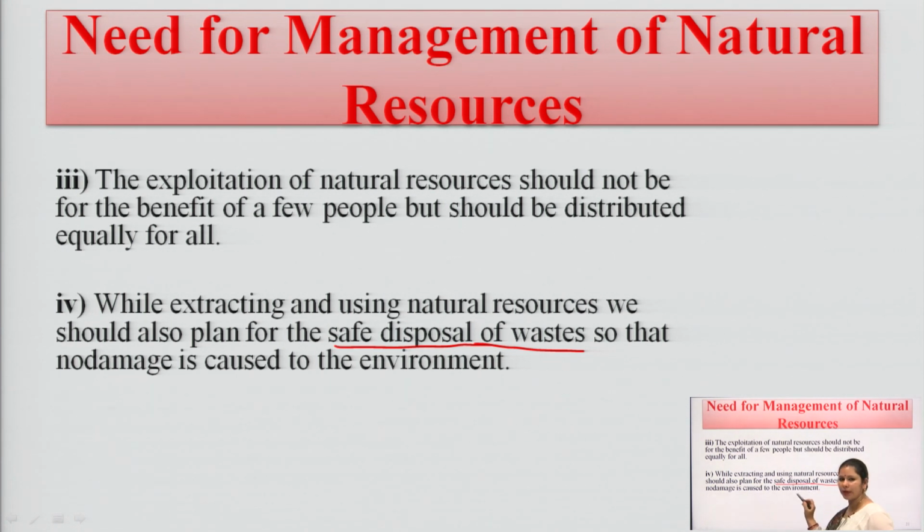This is a very important point: the waste which we throw into our environment causes several problems, like air pollution, water pollution, and a lot of things in the environment get disturbed. So, we have to plan accordingly and focus on the safe disposal of waste, so that no damage is caused to our environment, because if any damage is caused, it will affect our life, our coming generation's life, and our natural resources.